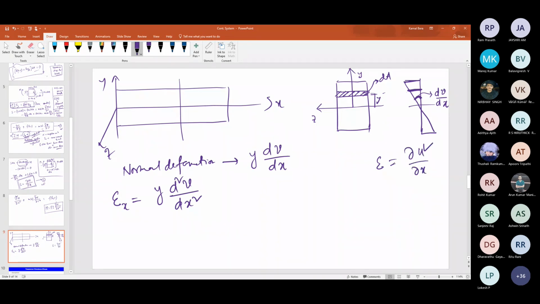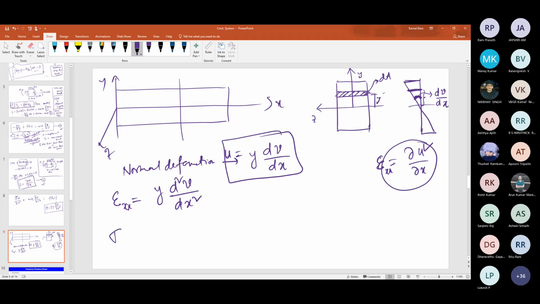Here u is for the fiber I am considering at a distance y from the neutral axis. That is y multiplied by the angle, considering small deformation. So u is y into dv by dx, the normal displacement. Then the normal strain, epsilon xx, is del u by del x, that is y del 2 v by del x2.